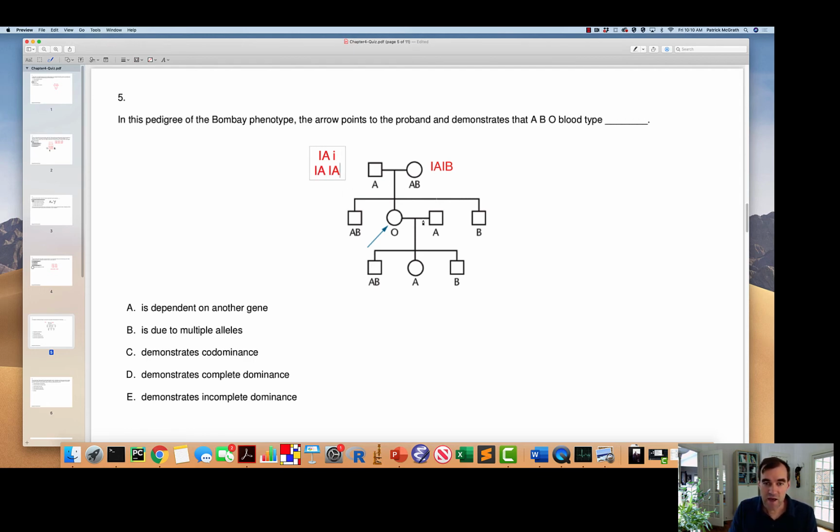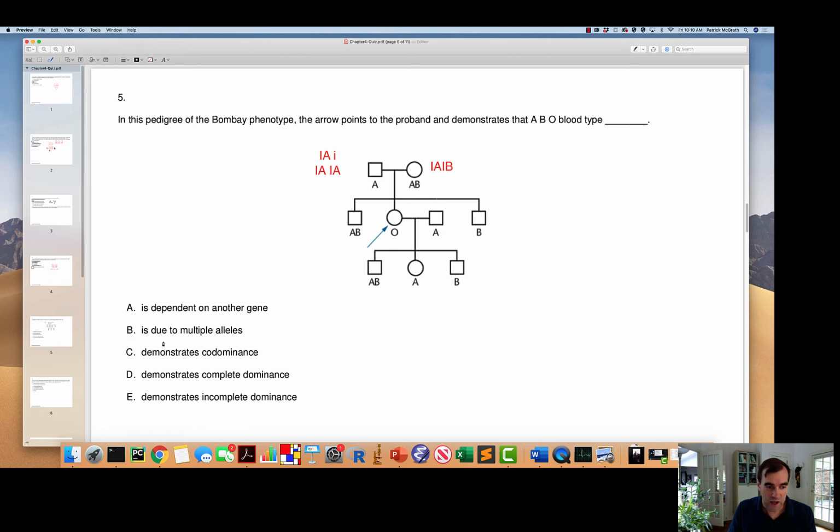And so can they have an offspring that has an O blood type? And the answer is no, because the mother always passes on either the A allele or the B allele, and since these are dominant over the little i allele, there's no way to have a blood type of this. So we know that the O blood type, if we just follow the standard genes, would be little i.